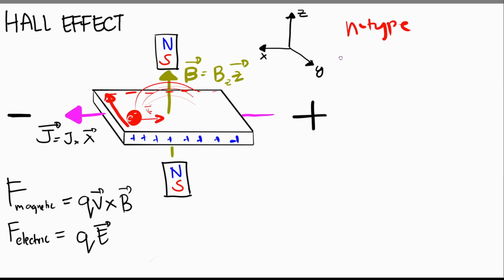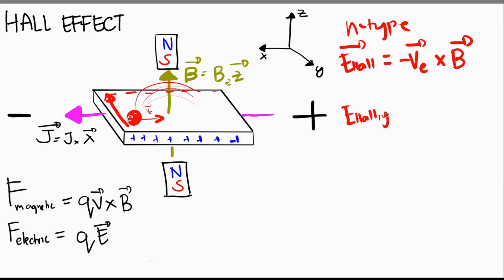Applying the same analysis, E Hall is equal to negative Ve, the velocity of our electron, cross B. The value of your Hall electric field in the y direction, E Hall y, would be equal to Vex times Bz. And since we saw that the electric field is in the negative direction of y, we expect that this E Hall would actually be a negative value, less than 0.